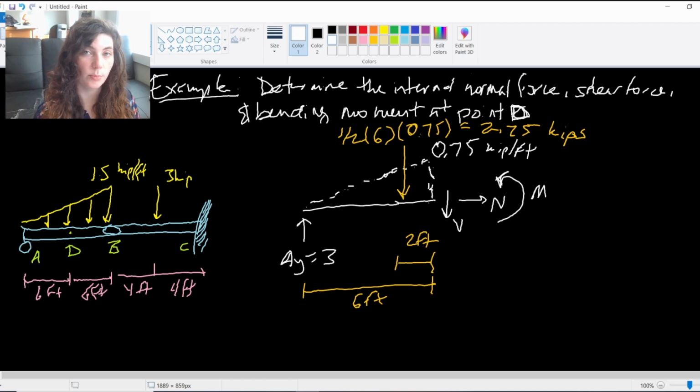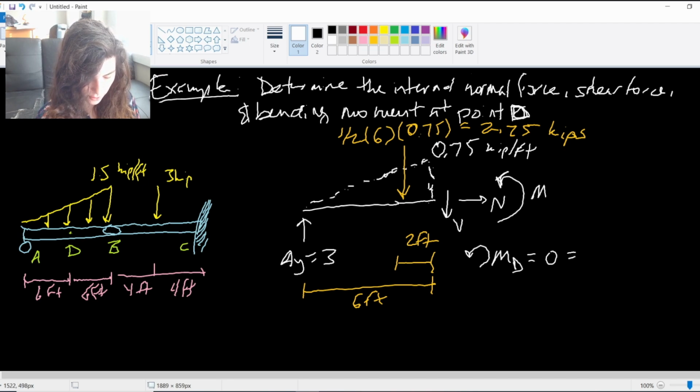So that's my full and complete free body diagram, so now I can go ahead and solve for those internal forces. I can take a moment about point D equals 0, and that will give me the 2.25 kips that we just found times its 2 feet away from point D, minus AY, which is 3, times its distance away, 6.